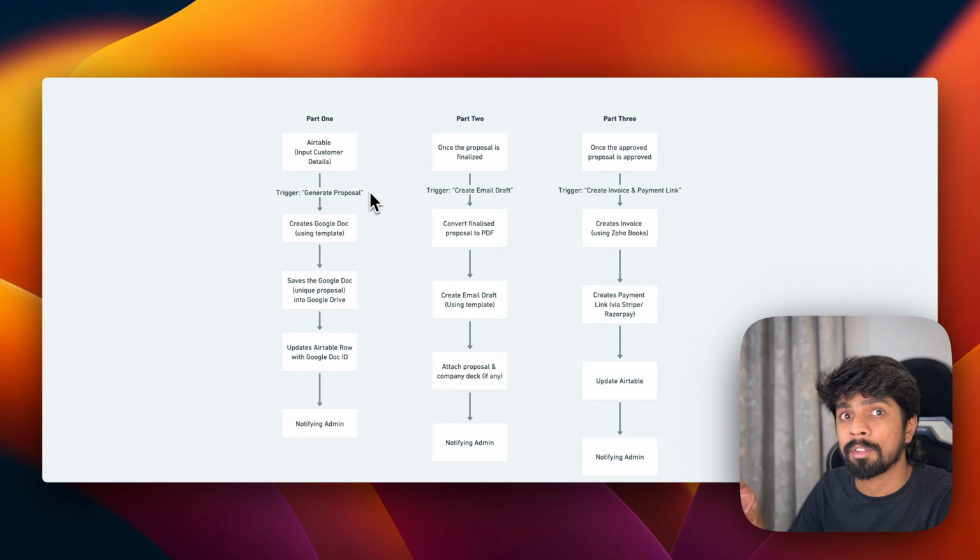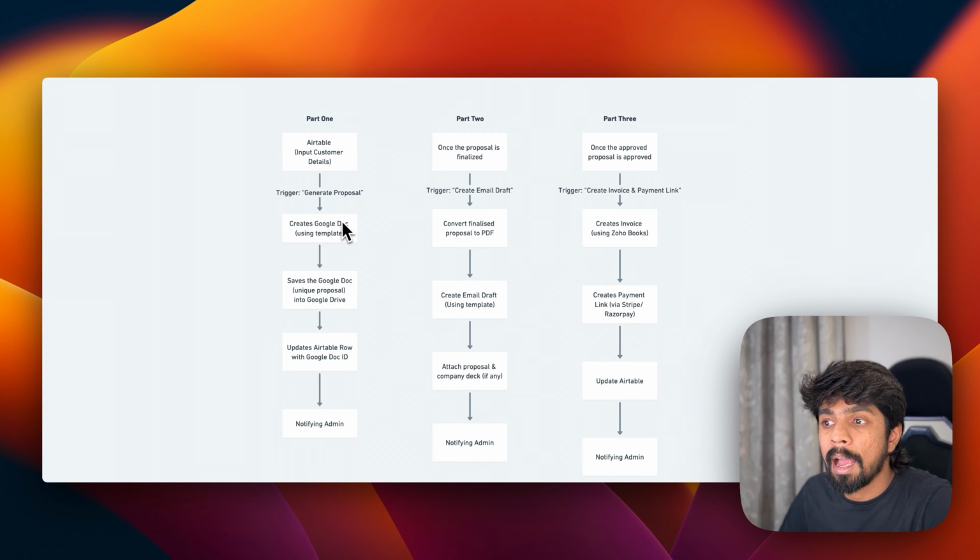Let's say we have three products, then we can have three different proposals which speak about three different things, and that particular Google Doc template will be used to trigger the generation of the new Google Doc, the new proposal. Each proposal will be given a unique proposal ID.